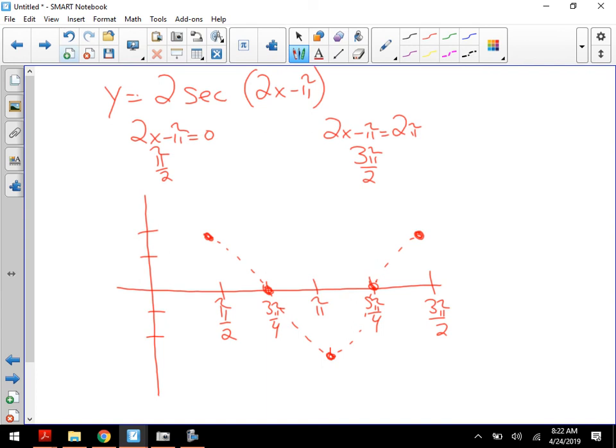I know I'm at pi over 2, 2; 3 pi over 4, 0; pi, negative 2; 5 pi over 4, 0; 3 pi over 2, back to 2. Those are the ordered pairs that I know I can list without too much of a hassle.